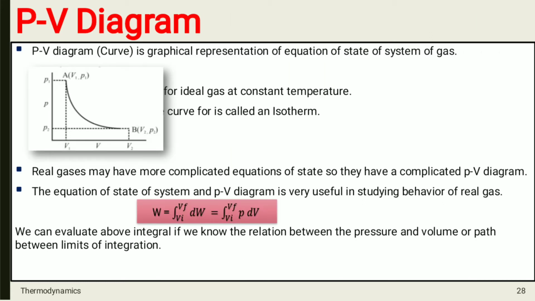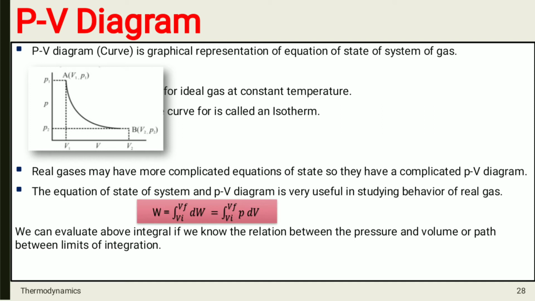Now, this is the PV diagram of the ideal gas equation at constant temperature, or you can say a graphical representation of the equation of state of the gas system. ओके, इस पीवी डायग्राम को आप बोल सकते हो पीवी डायग्राम, पीवी कर्व, इंडिकेटर डायग्राम ऑफ सिस्टम फॉर एन आइडियल गैस at constant temperature.